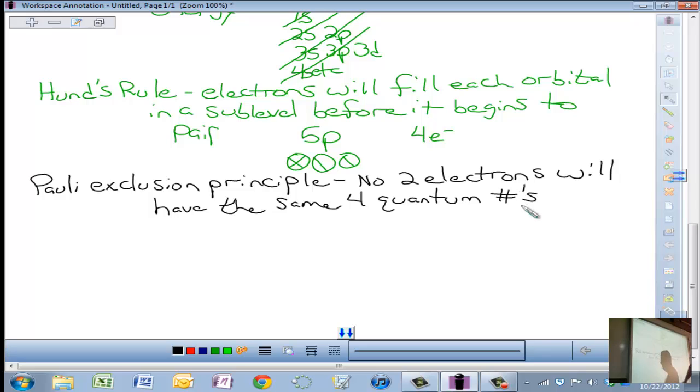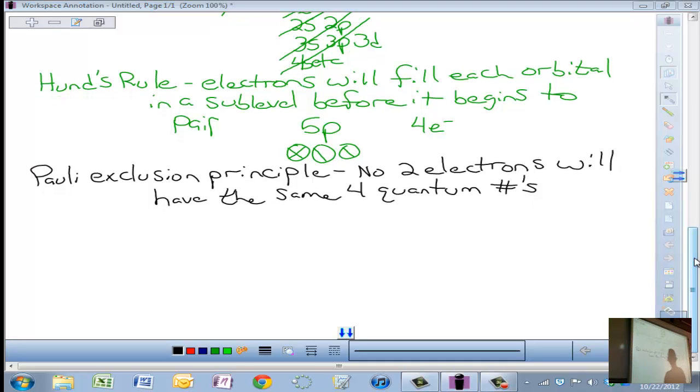If it has the same 4 quantum numbers, it's the exact same electron. We can have 1 quantum number be the same, we can have 2 be the same, we can have 3 be the same, but you cannot have all 4 be the same, because again, if it is the same 4 quantum numbers, it is exactly the same electron.